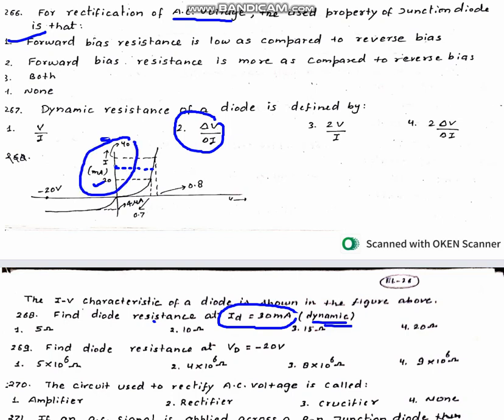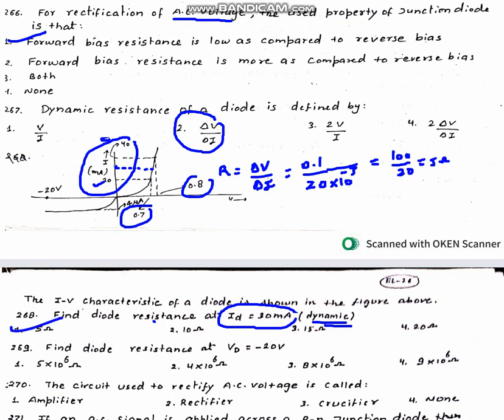The voltage is 0.8 here and 0.7 here, so the difference is 0.1, divided by delta I, which is 40 minus 20, so 20. Since this is in milliampere, we have 10 to the power minus 3. So it will be equal to 100 by 20, which is 5 ohm. So first will be correct.